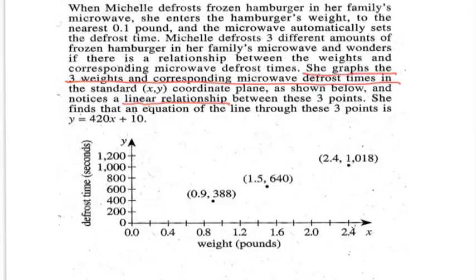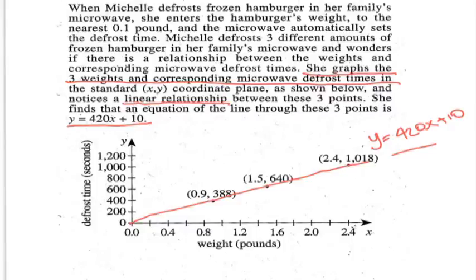She finds that the equation of the line is y is equal to 420x plus 10. So if you drew this straight line through here, its expression would be y is equal to 420x plus 10. Okay, now the axis is not the same here.